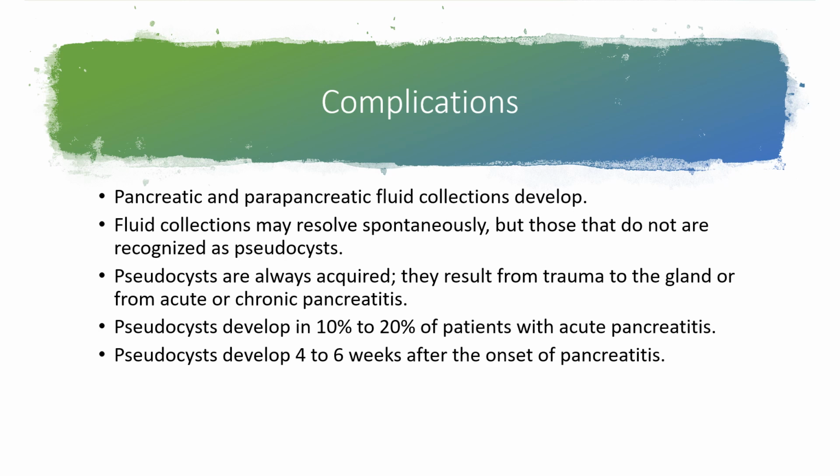Sometimes those fluid collections will resolve spontaneously. That's great. If they do not, then that's when we call them pseudocysts. So what happens is it's a reaction of our body to try and control the damage. Remember I said that pancreatic juice from the acini cells is going to destroy or damage any tissue that it comes into contact with.